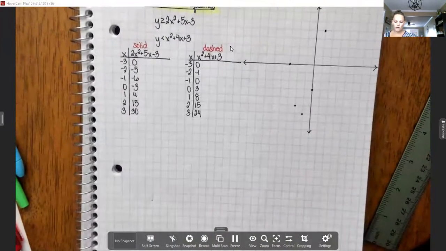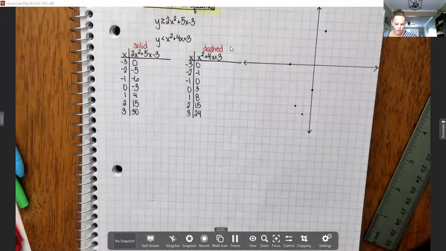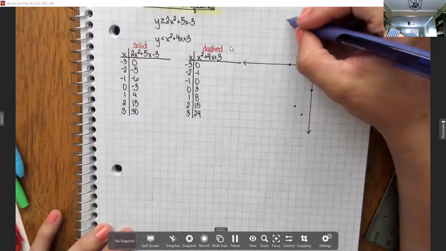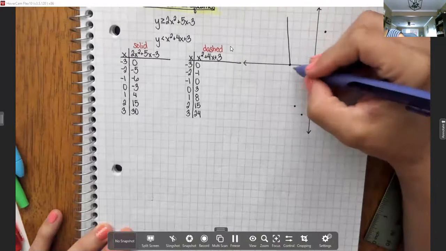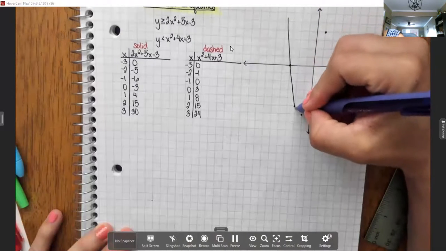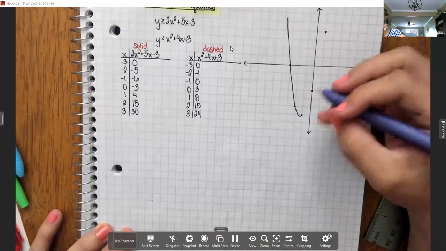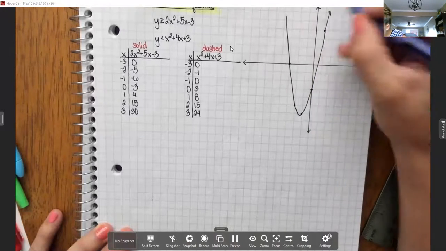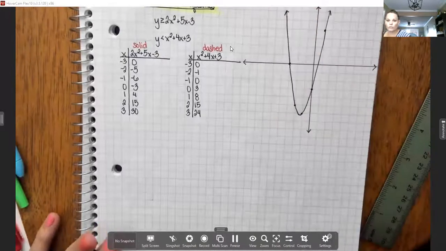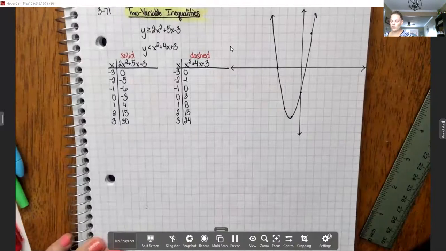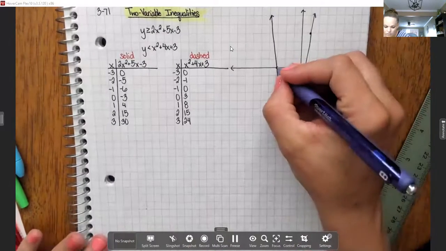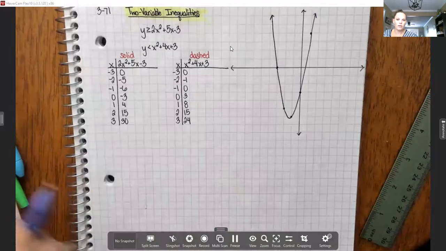So there's the first one. So I plotted those points. And then the other one also there.